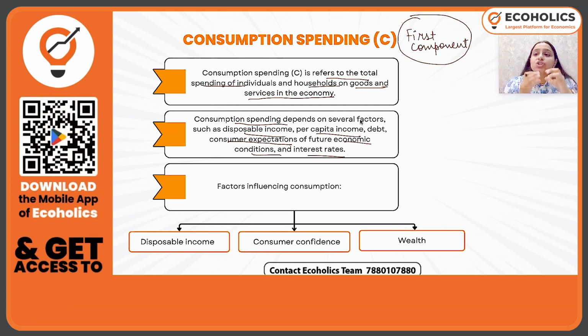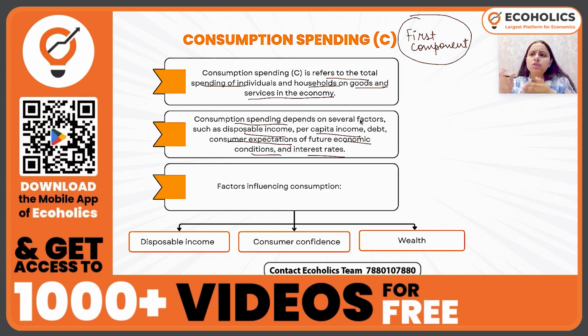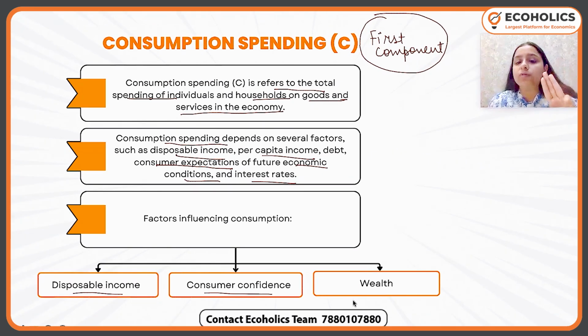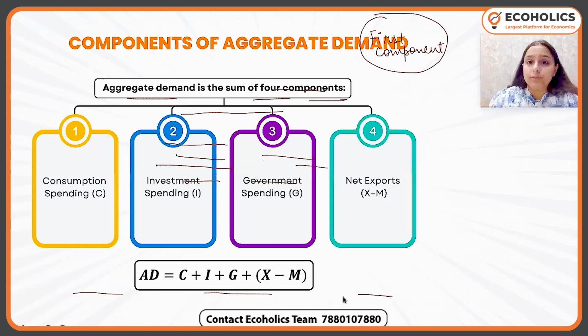Whenever any change comes in those factors, consumption spending and hence aggregate demand is also going to change. These three factors, mainly disposable income, consumer confidence, and the wealth, decide how much a consumer is going to spend upon a particular product.